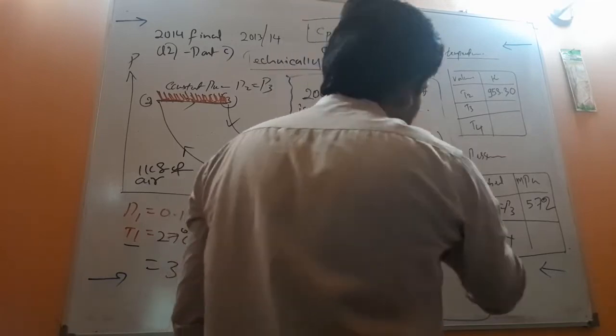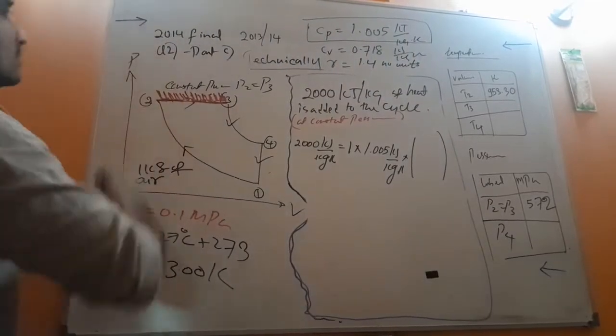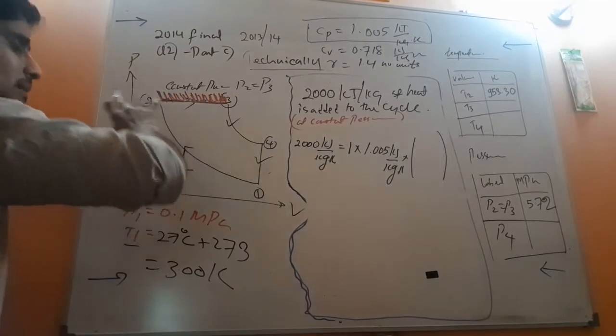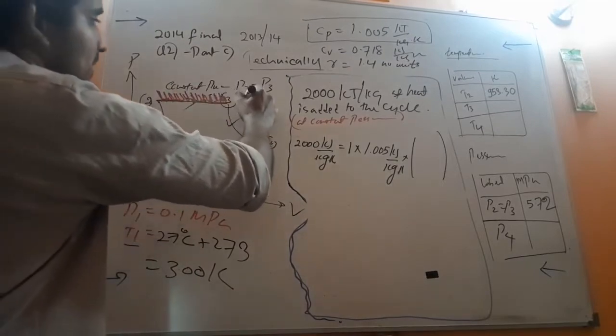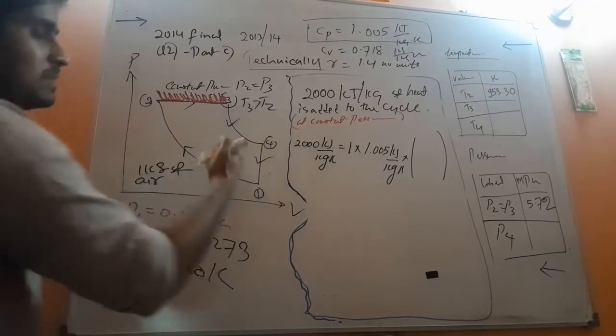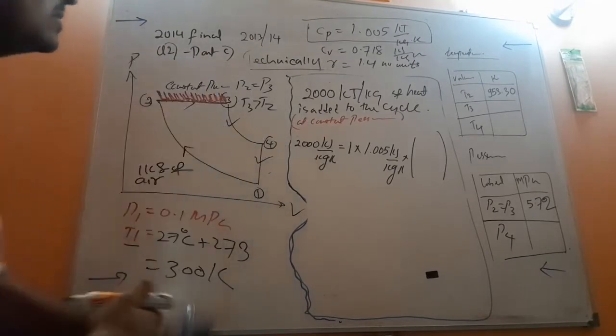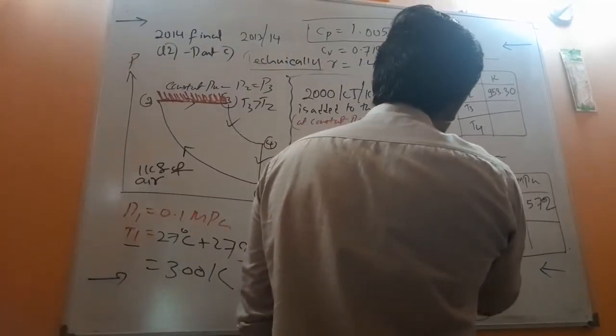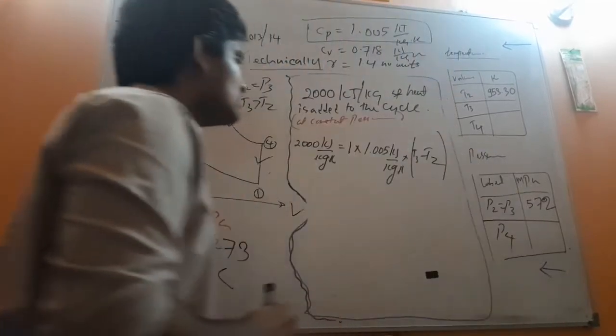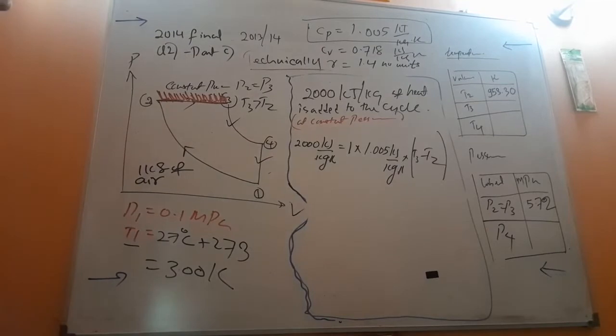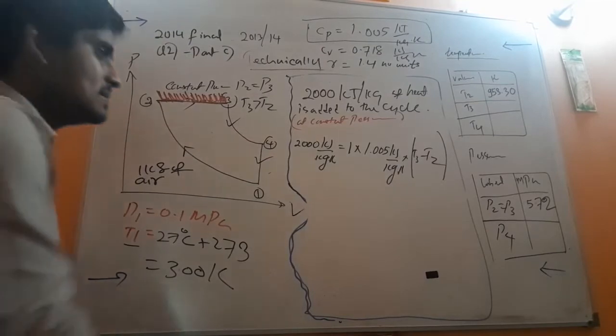What is the temperature difference? You are going to add some heat, so that means definitely T3 will be higher. T3 must be higher than T2 because you are going to add some heat. So T3 minus T2, isn't it? So how to solve this?